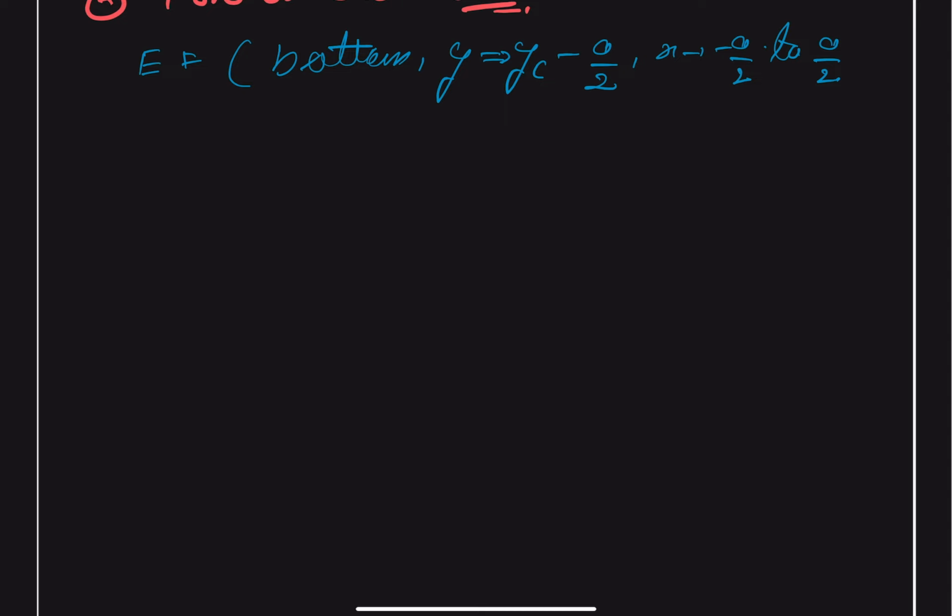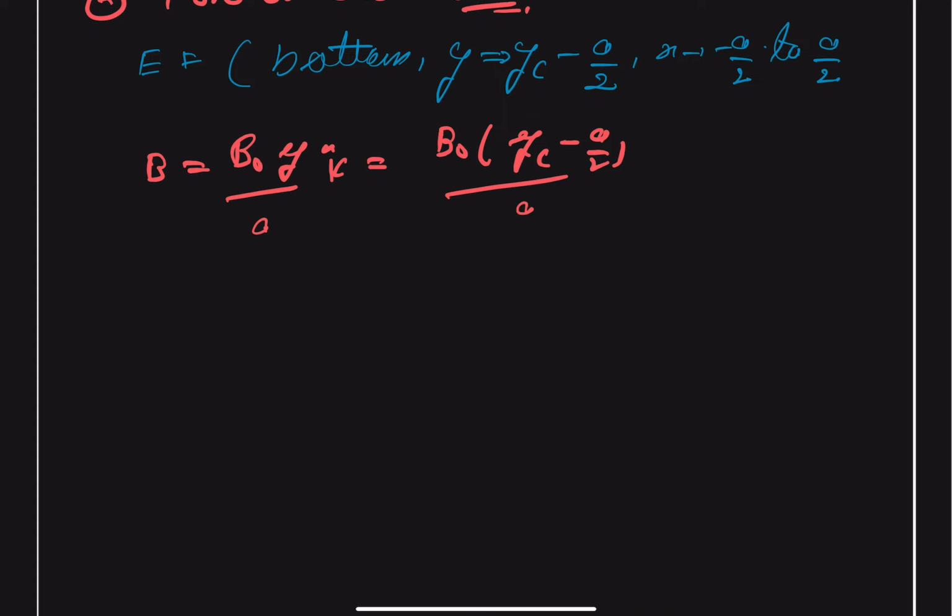We can now directly find the magnetic field, because the magnetic field B is given as B naught Y upon A, K unit vector. We substitute the value of Y here, and we get B naught, YC minus A by 2 divided by A, K unit vector.